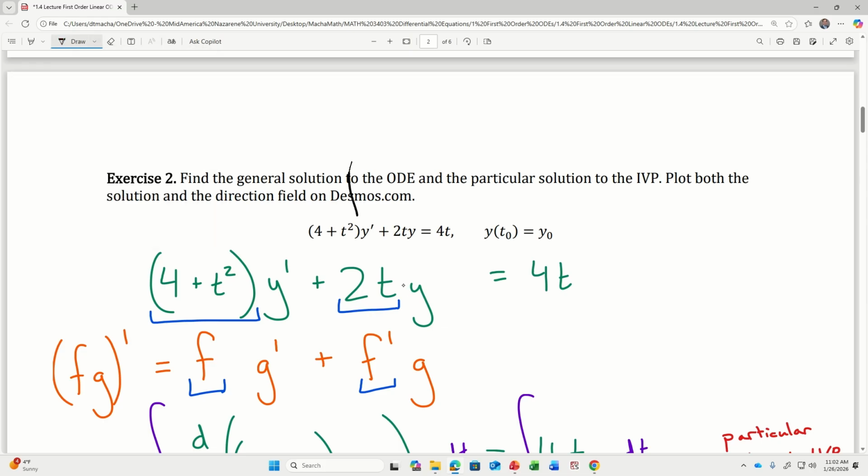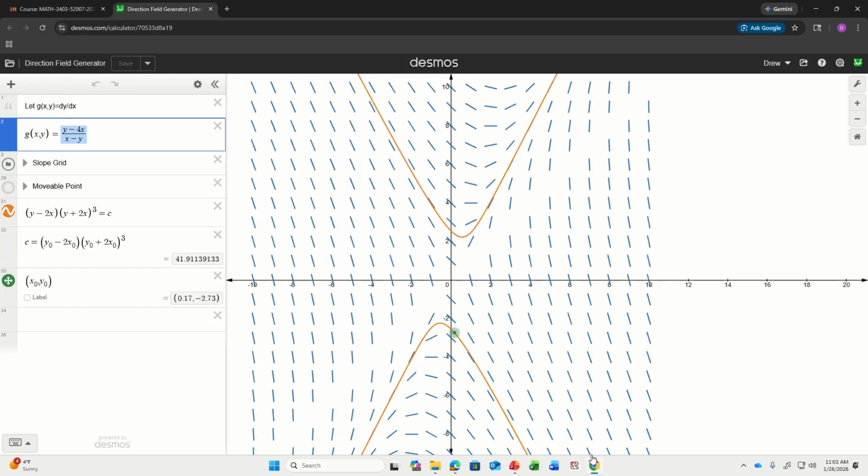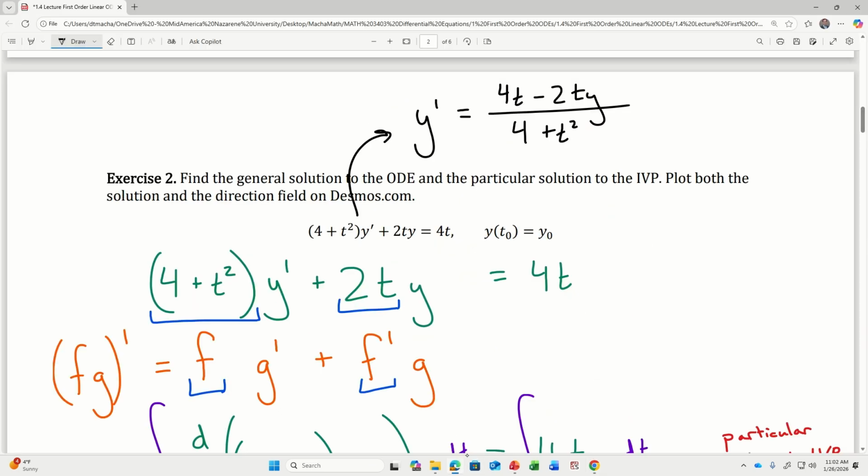The little bit of work I'm talking about is that you have to solve for y prime. So this would be 4t minus 2ty divided by 4 plus t squared. And in Desmos, I don't think it likes to use the letter t. I think you have to use the letter x. So for Desmos, 4x minus 2xy divided by 4 plus x squared. Let's see how that goes.